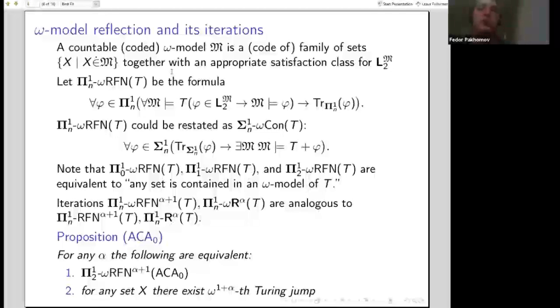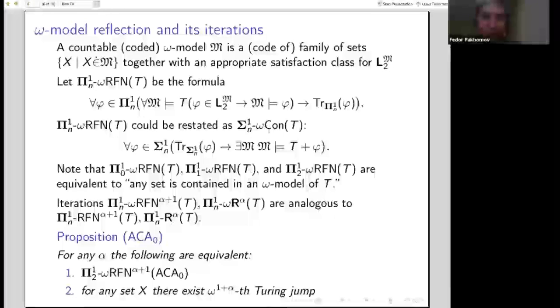So in fact, the quantifier over models is restricted to the models such that they contain all the necessary parameters, or in other words, that this sentence phi lies in this fragment of bold-faced L2 restricted to model M.